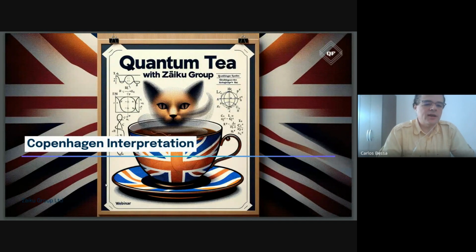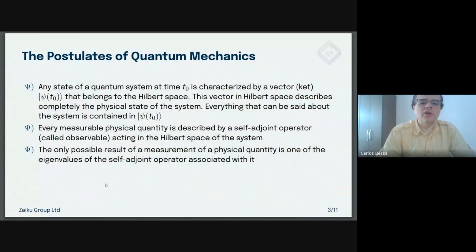So again, I just put here the postulates of quantum mechanics, which we already discussed. It's the same slides that I used in the last lecture, as well as in the quantum hardware course.